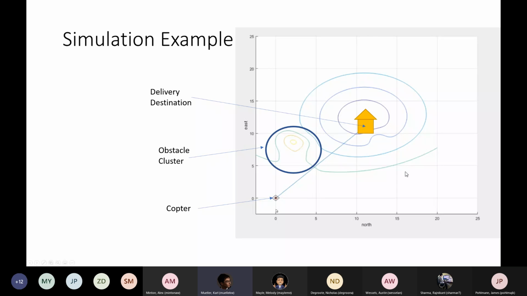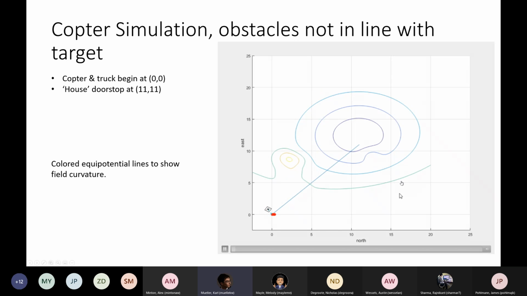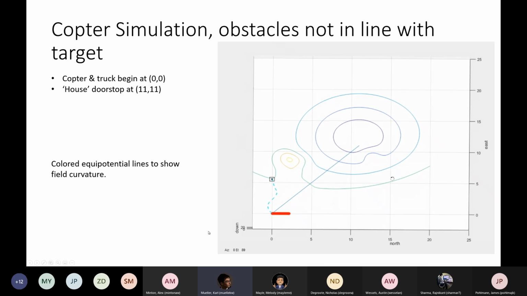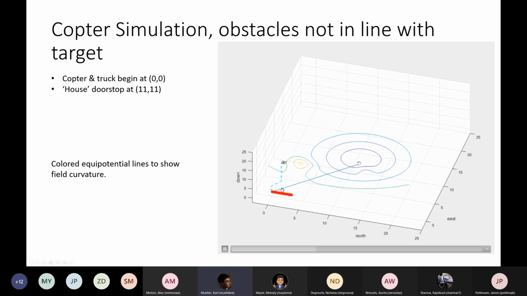So in the simulations, you'll see our copter here, and this is just a sort of equipotential plot. So you can see the obstacle clusters are going to be these areas of high potential, and the delivery destination is going to be our low potential. So we're going to track towards there. And here you can see the quadcopter navigates around the obstacle and towards the area of low potential.